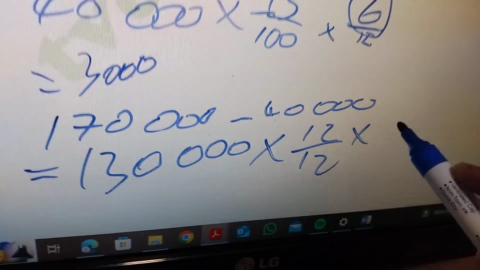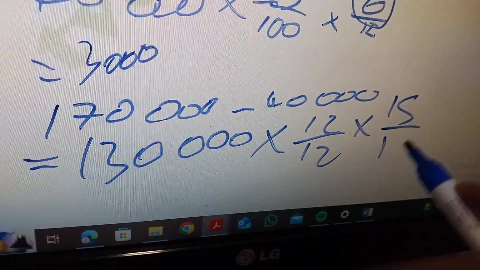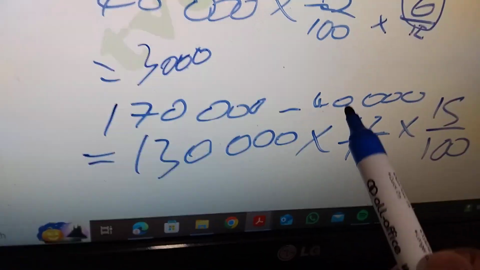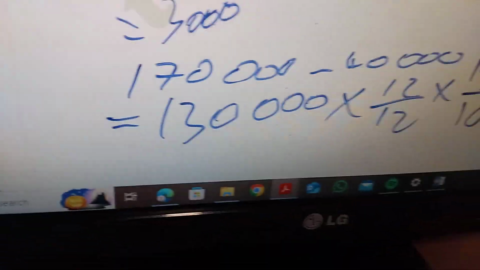So this 130,000 is the vehicles that were there in the business for 12 months. 12 over 12 multiplied by 15 over 100. You subtract this 40,000 because it was not there in the business for the whole year.